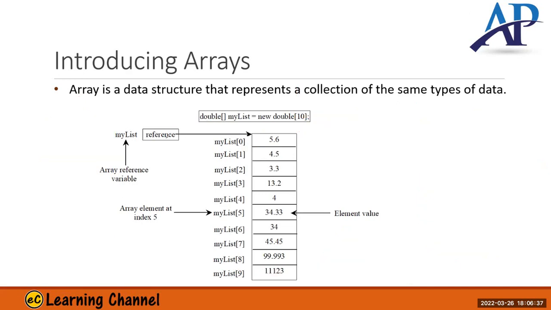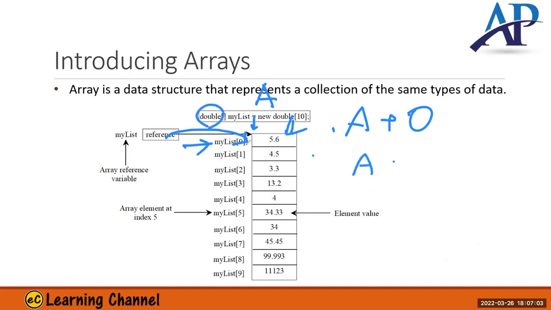And then you look at the elements one by one. Say this address is called A. Your first element will be at address A plus 0. This one is double type.